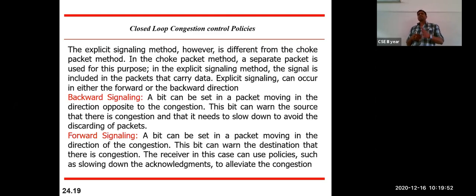Backward is sending a signal back to the source. Forward is sending a signal to the destination, right? Sending a signal back to the source makes the source slow down. If a signal is sent forward to the destination, the destination will delay its acknowledgement so that the source will slow down. So these are all your congestion avoidance strategies. Hope you understood this.